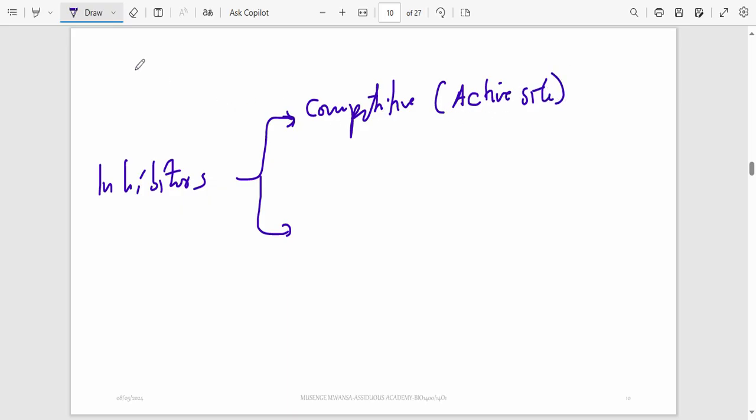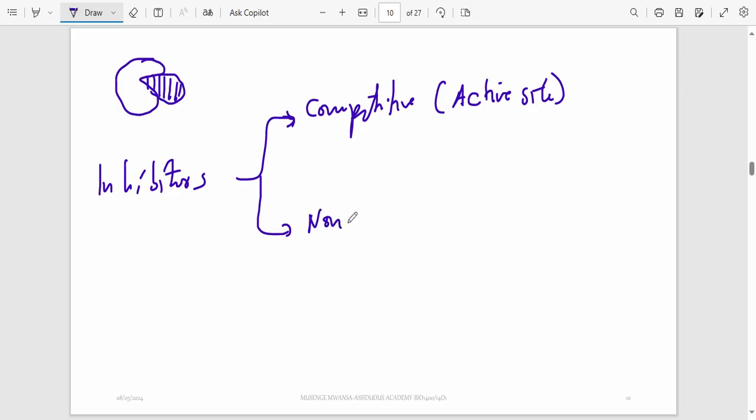Look at this: this is the enzyme, this is the active site, where the substrate was supposed to bind. And then you have this inhibitor, it comes and binds there. The actual substrate which was supposed to bind there cannot bind, and that slows the rate of the enzyme catalyzed reaction.